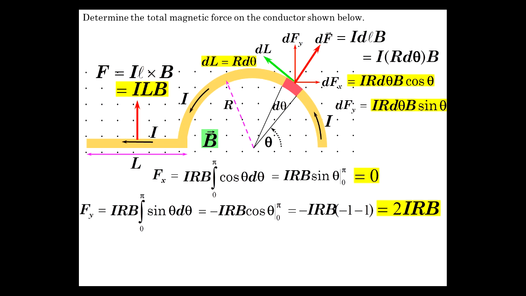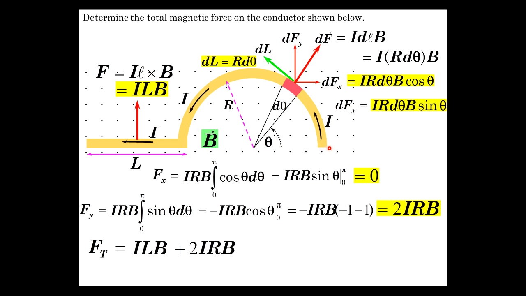IRB, integral 0 to pi of sine of theta d theta, negative IRB cosine of theta from 0 to pi, which is 2IRB. So the total force is the force from the straight line segment, ILB, plus twice IRB. I'm sorry, the first one I think I said IRB. ILB plus 2IRB. Oh, 2R. Yes, that's twice the radius.